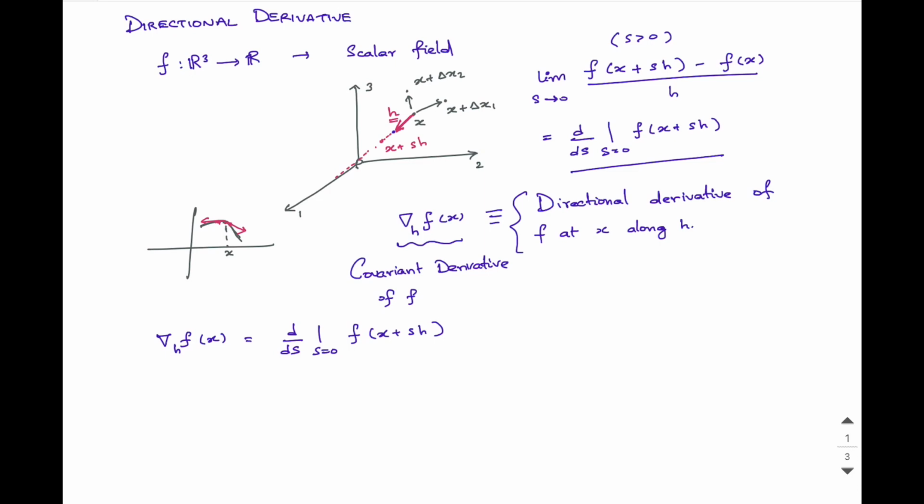Now in this expression, what is implicitly understood is that x is a constant, h is also a constant vector, and s is the only thing that varies. Remember s is a real number, so this entire thing is a function of one real variable. So f of x plus sh is basically a function which takes a real number and gives me back a real number. So in particular, I can take the derivative like this.